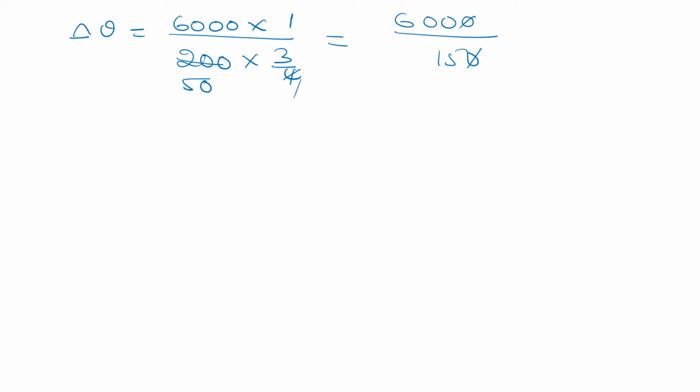Here 15 ones are 15, 15 fours are 60. So the temperature difference delta theta is equal to 40 degree centigrade. Therefore delta theta is equal to 40 degree centigrade.